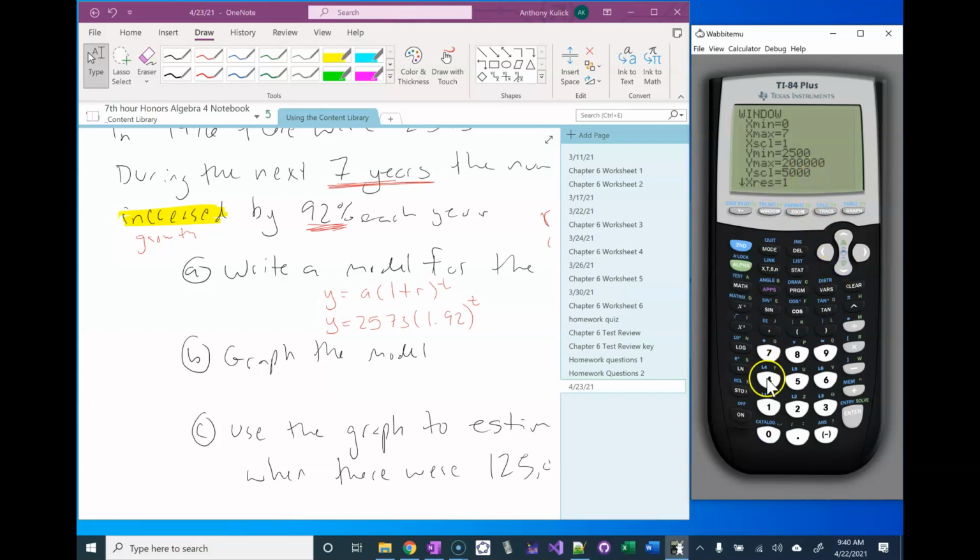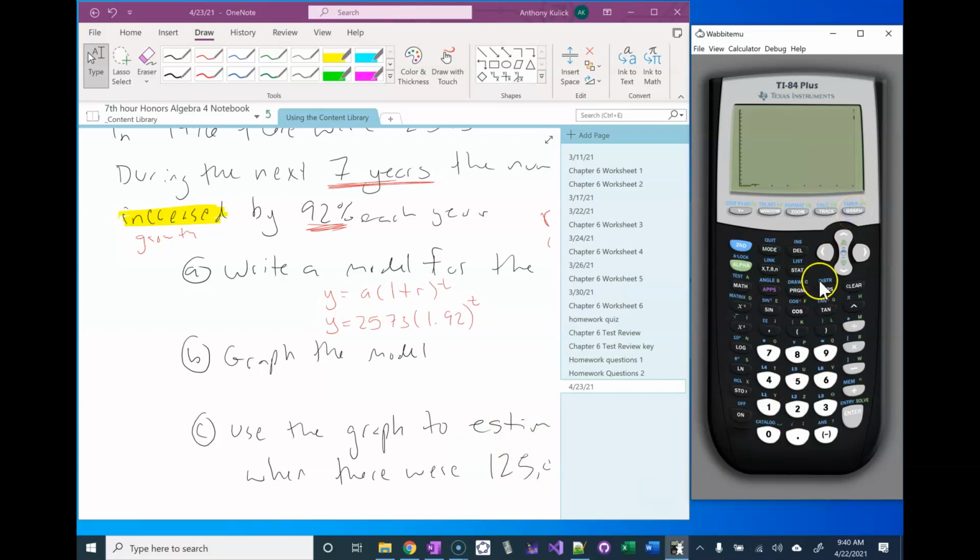And then let's go up by 10,000s. 200,000 is a big number, right? So the tick marks going up by 10,000 seems appropriate. Again, the scale doesn't really matter much. But I just wanted to pick my min to be about the initial value, and my maximum needs to be bigger than whatever value I'm looking for.